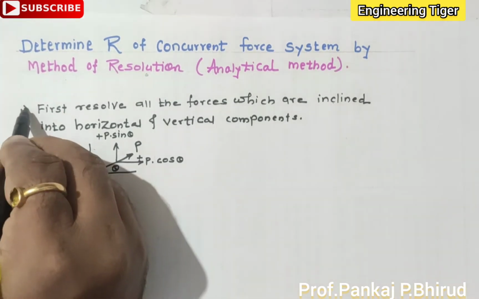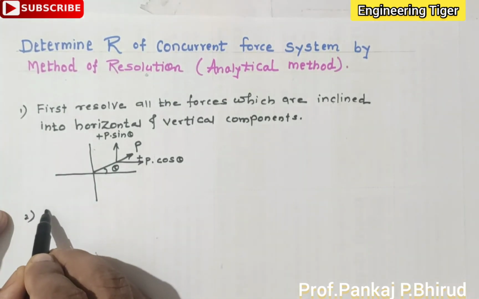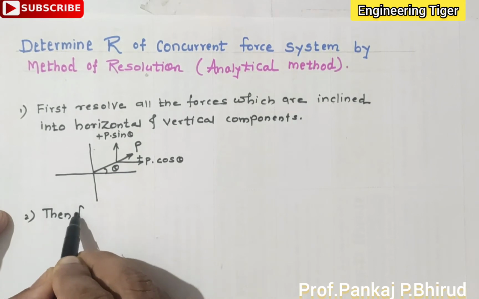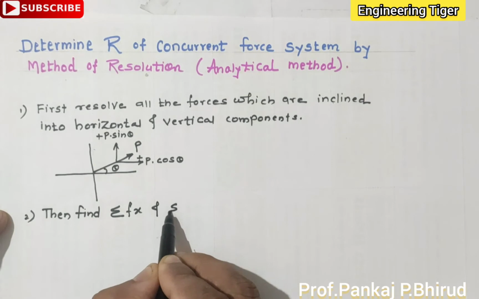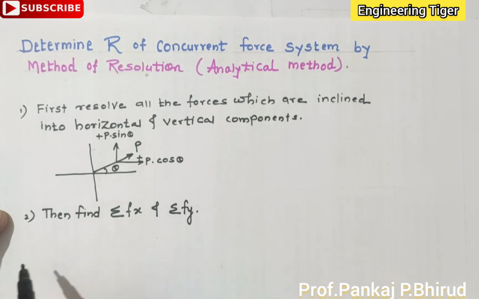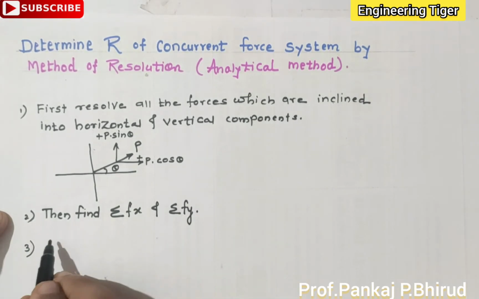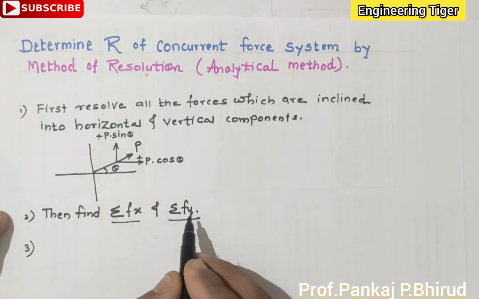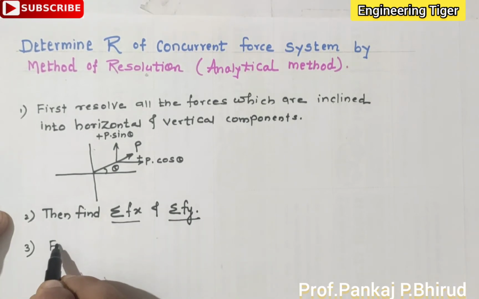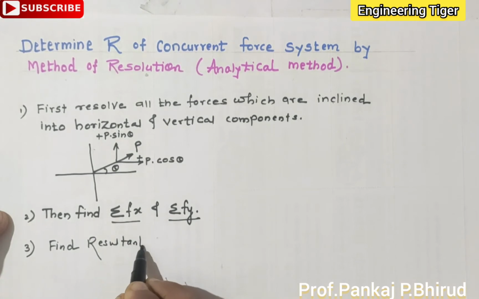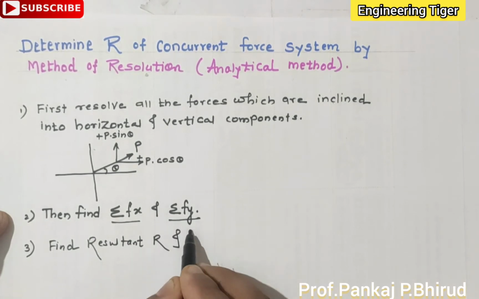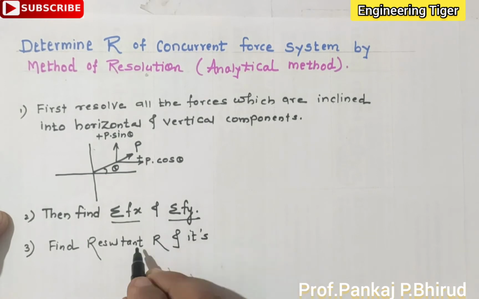Second, find sigma Fx and sigma Fy. Next, with the help of sigma Fx and sigma Fy, find the resultant R, that is its magnitude and its direction.